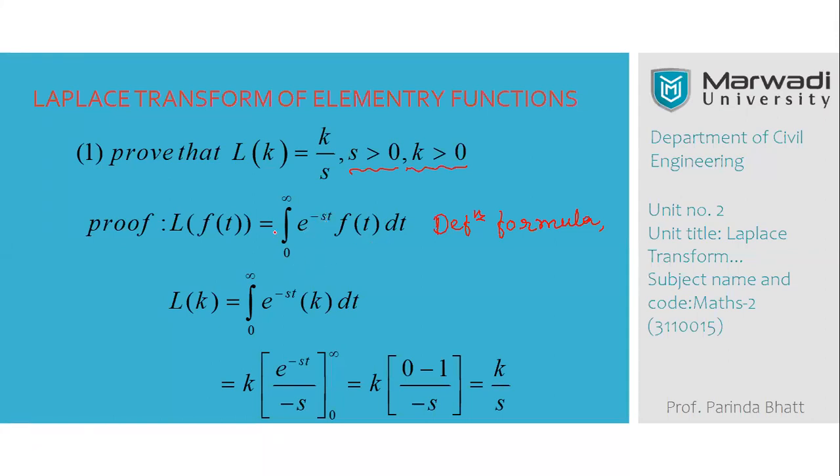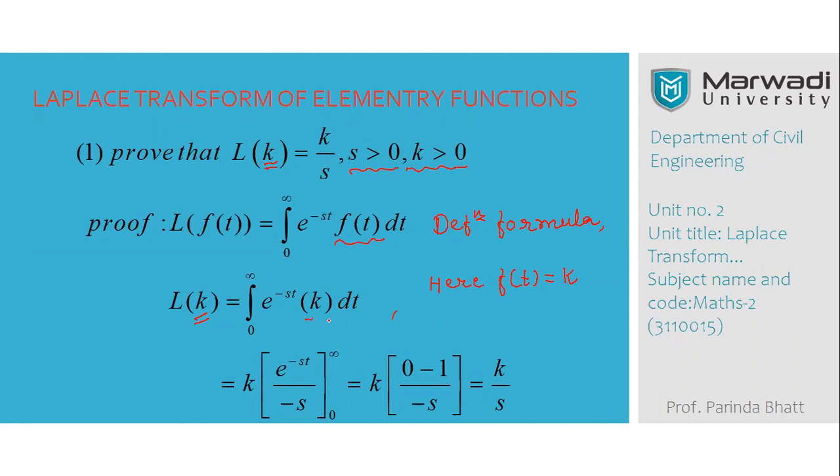Now here our f of t is given in the bracket: f of t equals k. Therefore we put it over here and also here. Apply the value of f of t.